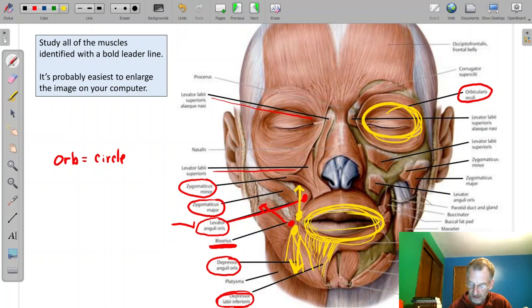Some of these muscles have been cut on the left side of the figure to show deeper muscles, and the right side of the skull is showing more of the superficial muscles. So again, all of these muscles that have the black leader line associated with them.